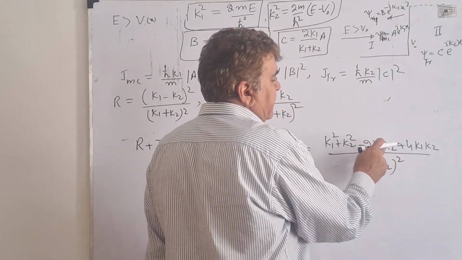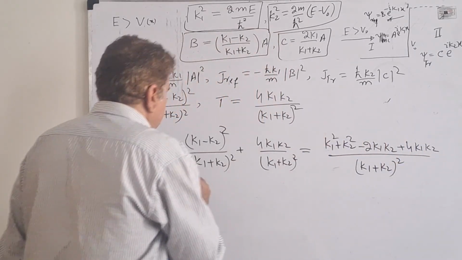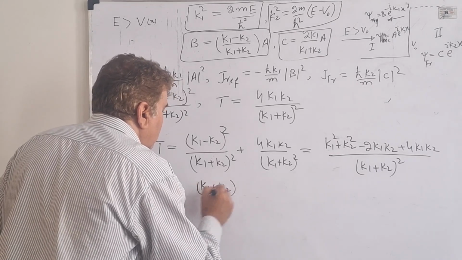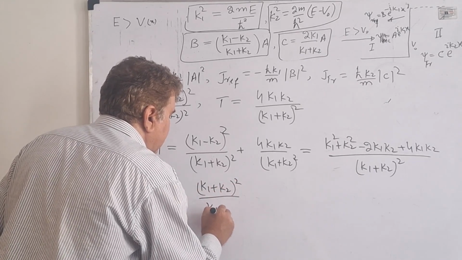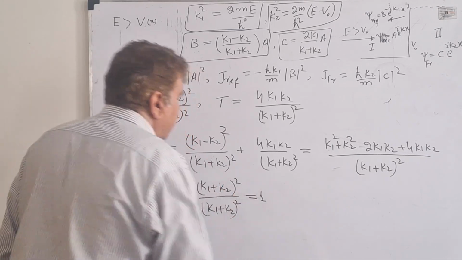This minus 2 k1 k2 with this 4 k1 k2 gives me 2 k1 k2, and that allows me to write this as (k1 plus k2) whole squared divided by (k1 plus k2) whole squared equals 1.